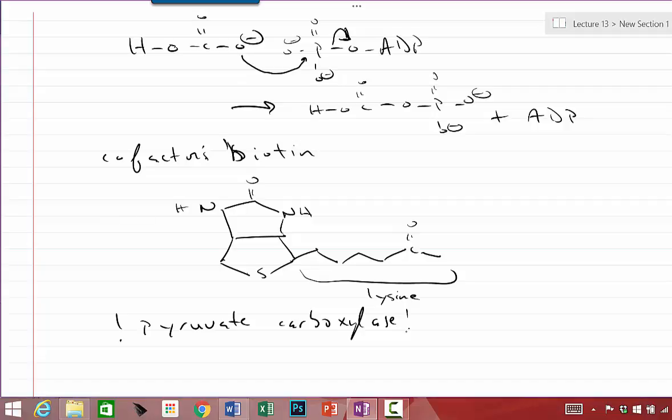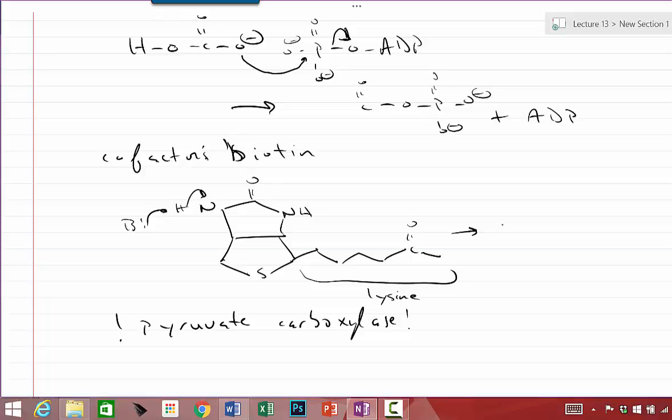So how does this work? First of all, this proton leaves. You have some kind of a base that's going to take off that proton, and so we create the business end of the molecule.